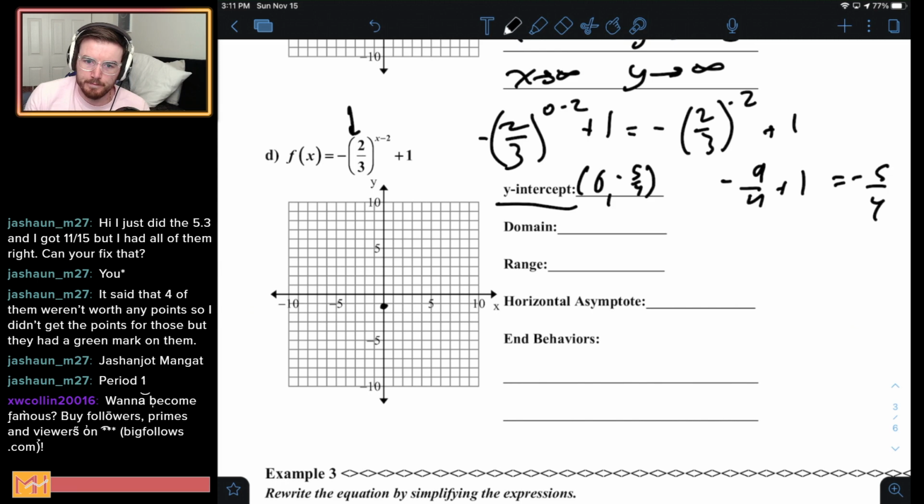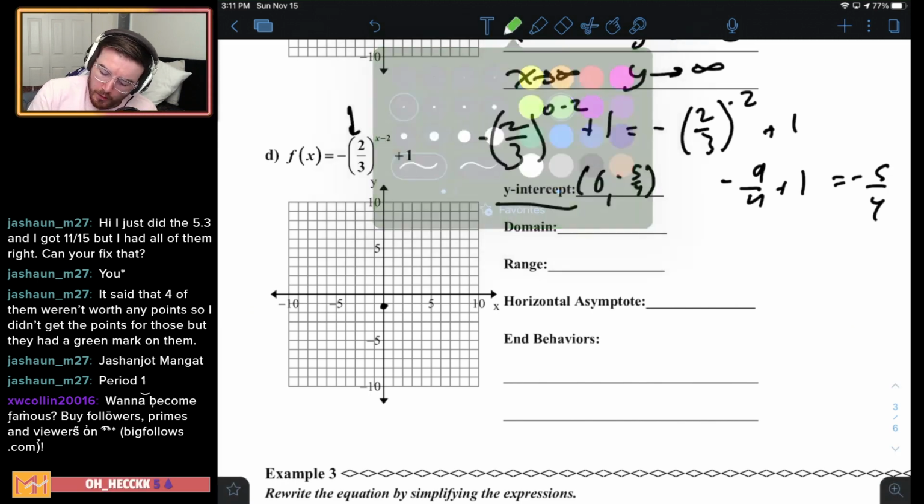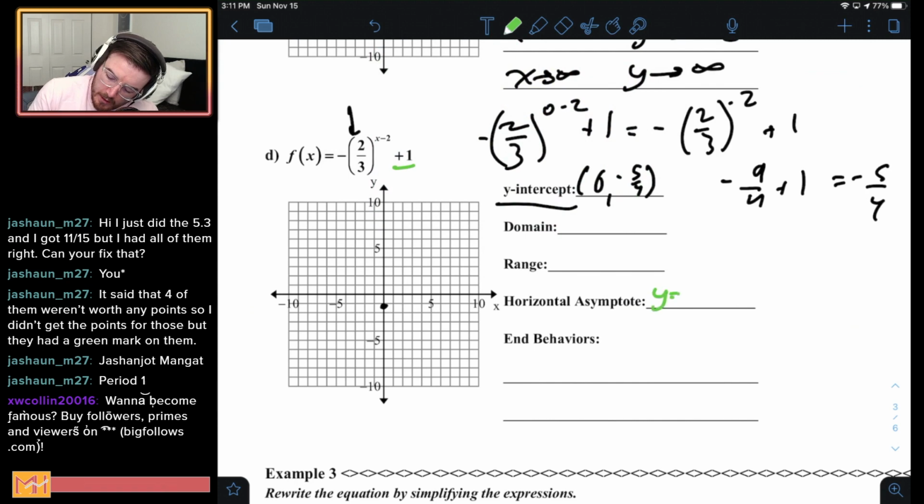Our horizontal asymptote? Again, it's always just k, right? Those are going to be some of the easiest questions on the classwork. What is the horizontal asymptote of the given graph? Boom, whatever number is staring you in the face right there. Okay.